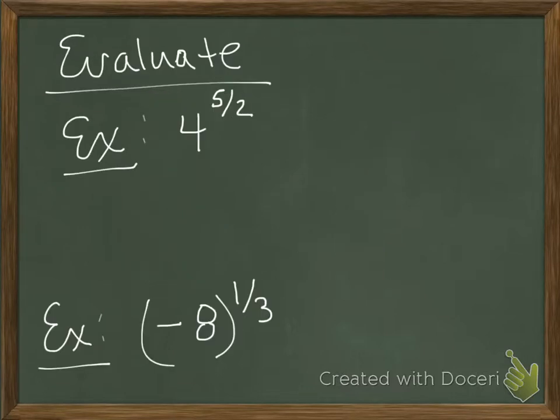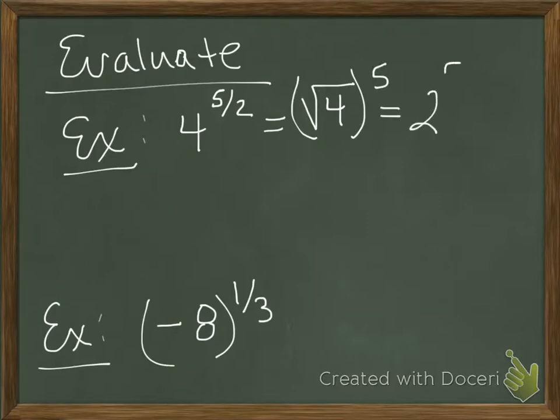If I try 4 to the 5/2 power, this is asking me for the square root of 4 to the 5th power. Well, the square root of 4 is 2. And 2 to the 5th power is 2 times 2 times 2 times 2 times 2, which is 4, 8, 16, 32.